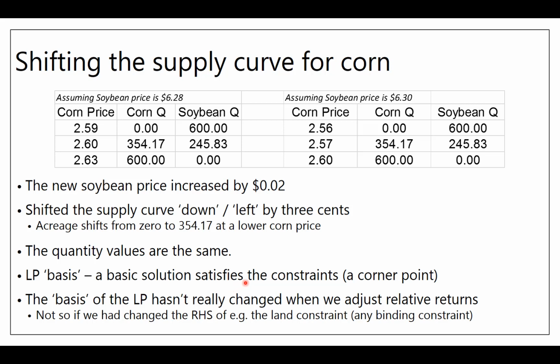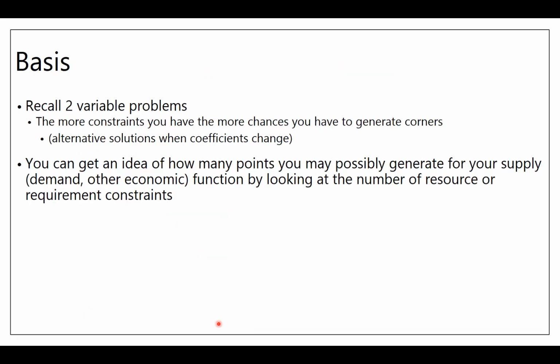And so they're still satisfied by the same sort of mixes, and those mixes live in what we call the basis. So the basis of an LP is the set of corner points that satisfy the constraints. And so as long as we're not changing the right-hand side values of constraints, we're not changing the basis. So we expect to repeat the same solutions over and over.